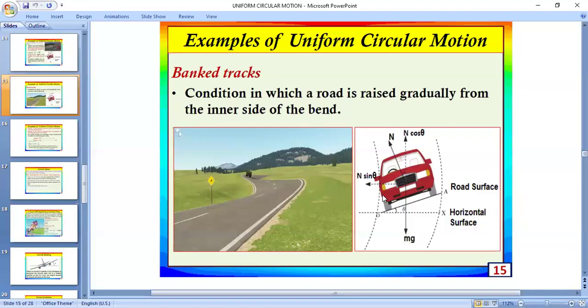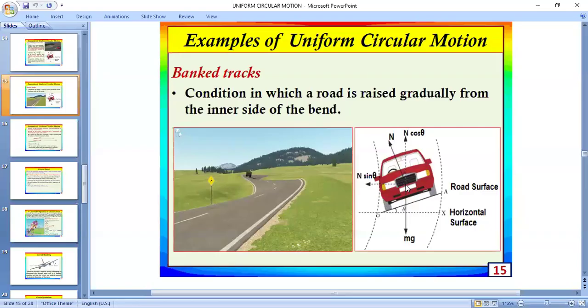So the forces acting on the vehicle as it passes through that point are shown on the car here. We have the one that points towards the center of the bend, which is N sine theta. We have another one that points down, which is the weight given by mg.